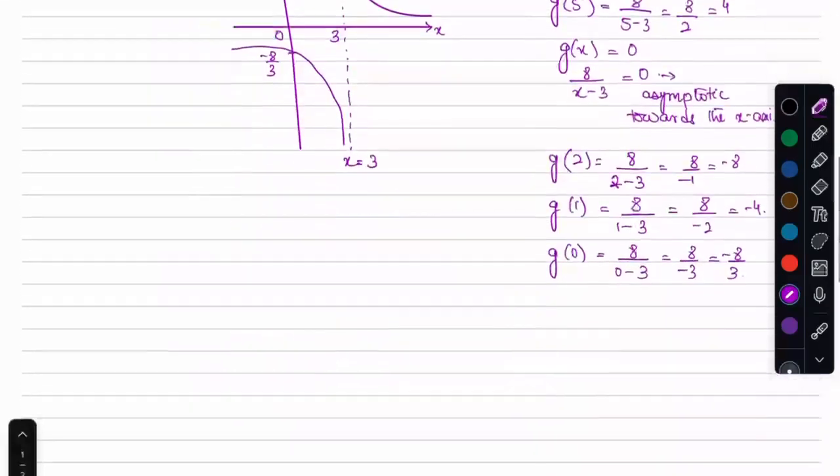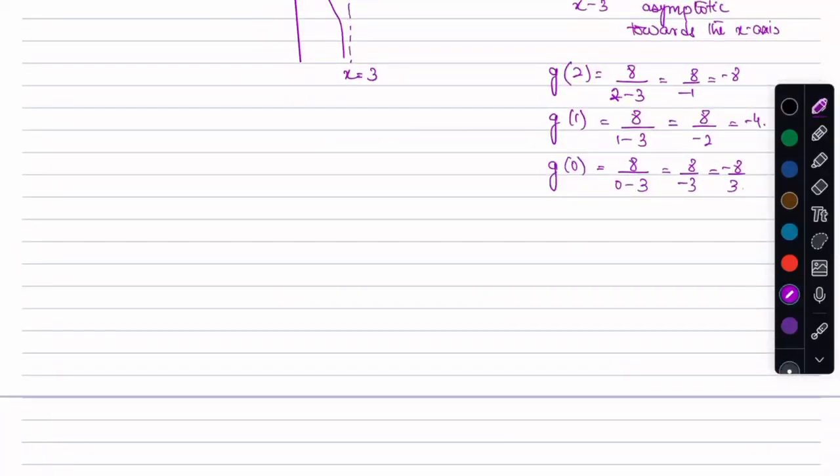Our g of x equals 8 divided by x minus 3, and it's for all real values of x, but not for the value where x equals 3. So again, make y the subject, so that this becomes y equals 8 divided by x minus 3.